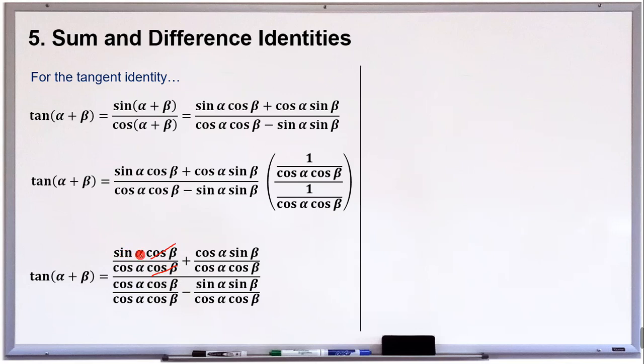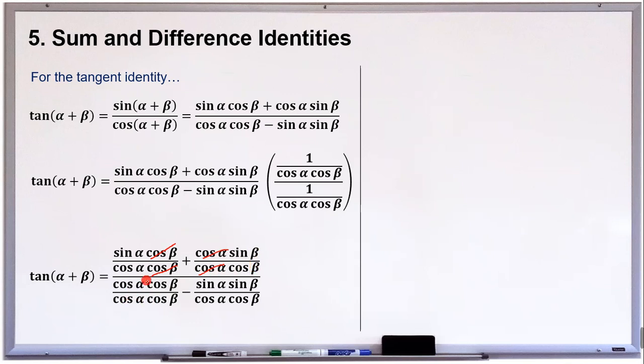And we all know that sine alpha over cosine alpha gives us the tangent of alpha. And in the second term, both cosine alpha in the numerator and in the denominator are equal. So this will be cancelled out. And then sine beta over cosine beta gives us the tangent of beta.